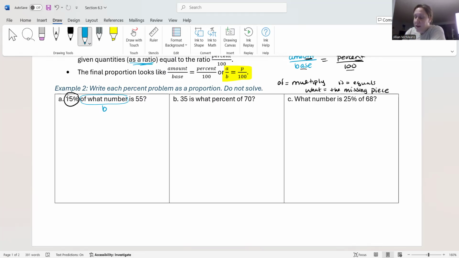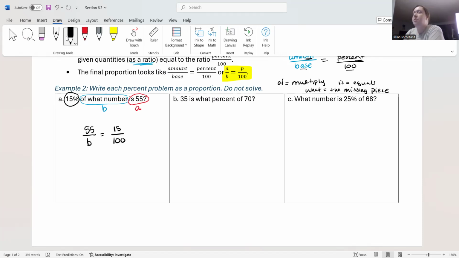Once we apply the percent to the base, we get the result 55. That's going to be the amount. So to fill in this proportion, we always want the amount over the base equals the percent. You do not have to write it in decimal format. You just drop the percent symbol and put the number over 100. And there you have it.